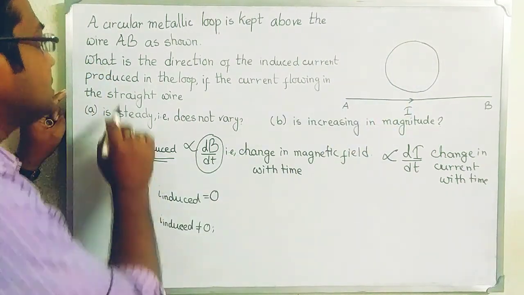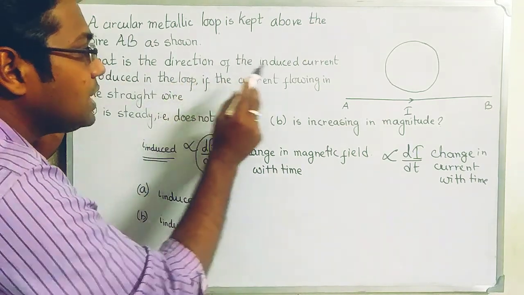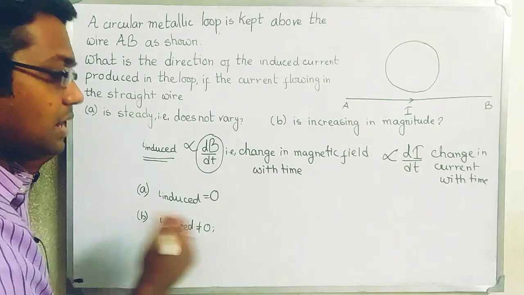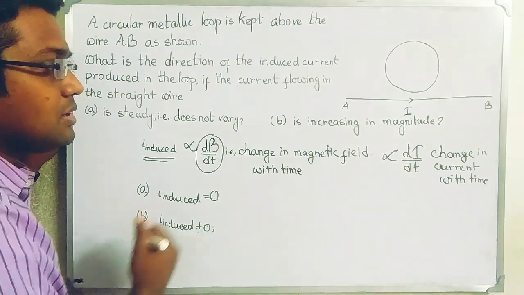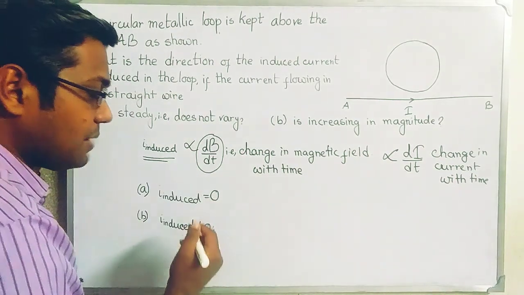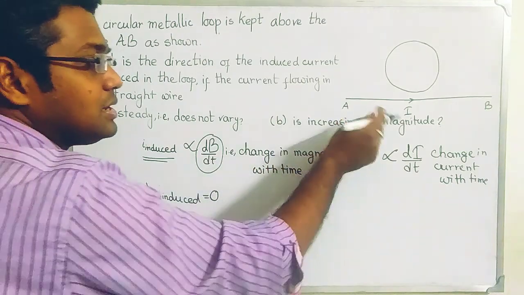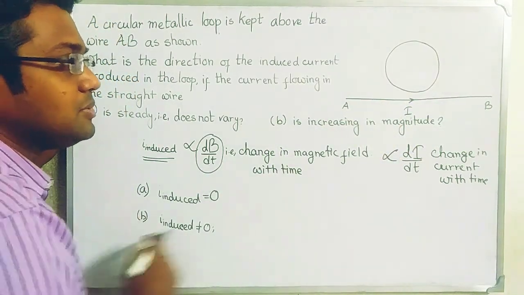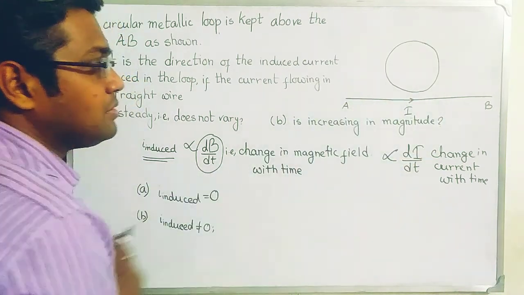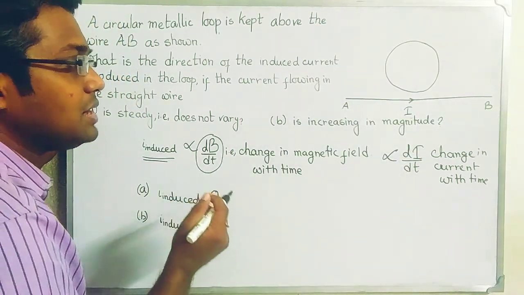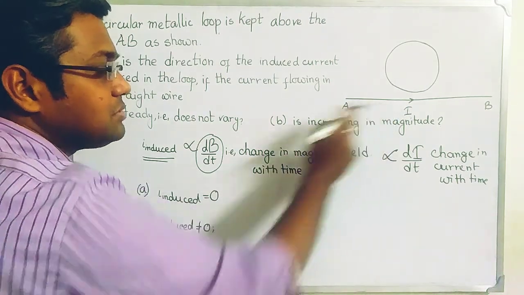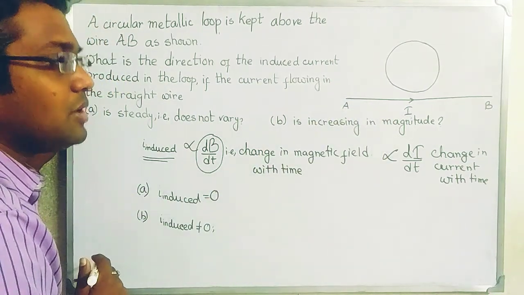Now it is asked what is the direction of the induced current produced in the loop. That is important to check. Here the current is flowing in this direction. If the current is changing in magnitude, what will happen?